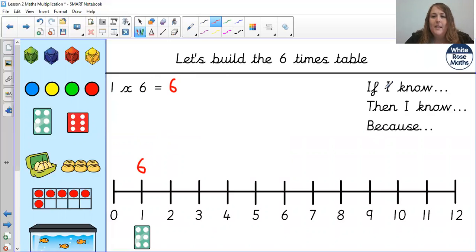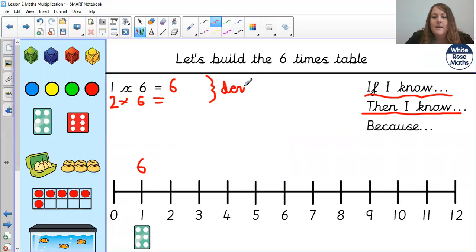Now, we're going to be using the terms if I know, then I know, and because over here. So if I know 1 times 6, then I know 2 times 6, and I know this because I double my answer. So it's these facts of doubling over here. And I apologise because I'm having to write with my finger here.